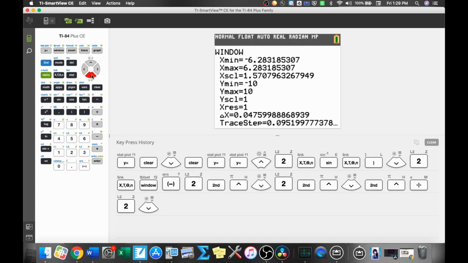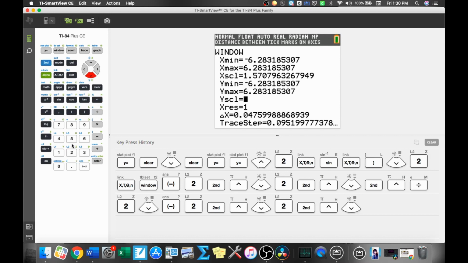And I will do the same thing on my y's, since my tangent line is at the ordered pair pi over 2, pi. I'm going to do negative 2 pi as my y min, positive 2 pi as my y max, and I am going to count my y scale at pi over 2. All right. So now I'm ready to take a look at the graph.